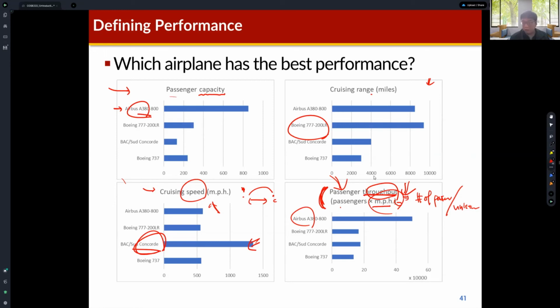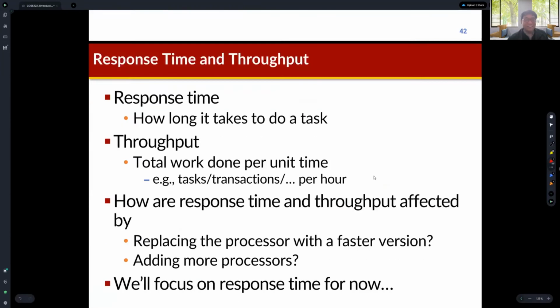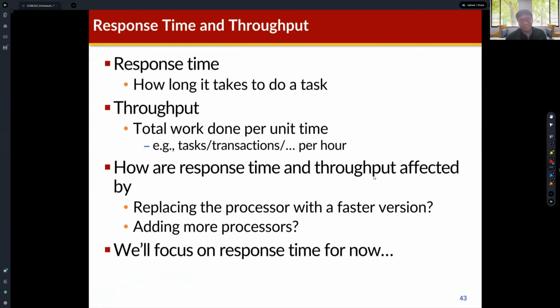Now I'll explain different metrics in computer systems. I made this slide for introduction. In computer systems, we use two representative performance metrics. The first one is response time, and the second one is throughput. Response time is similar to speed.